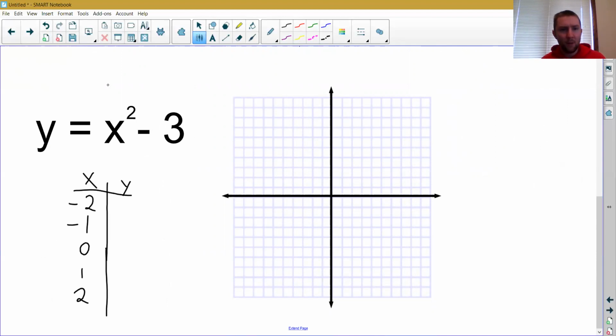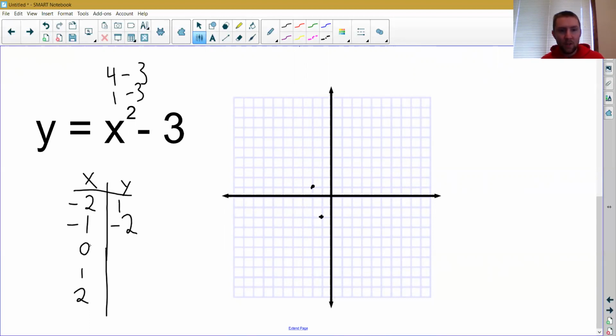If I plug negative 2 into this function, negative 2 squared is 4, and 4 minus 3 is 1. So I end up at this point right here. Okay, if I plug negative 1 in for this function, negative 1 squared is 1, minus 3 gives me negative 2, so I'm actually down here now.